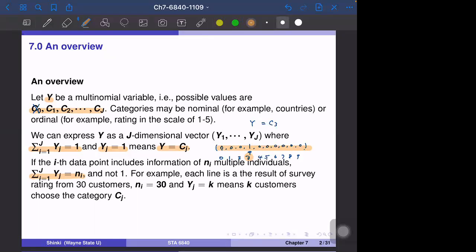So the summation of yij is in general equal to n_i, depending on the ith observation. For example, the result of a survey rating from 30 customers, n_i is equal to 30.